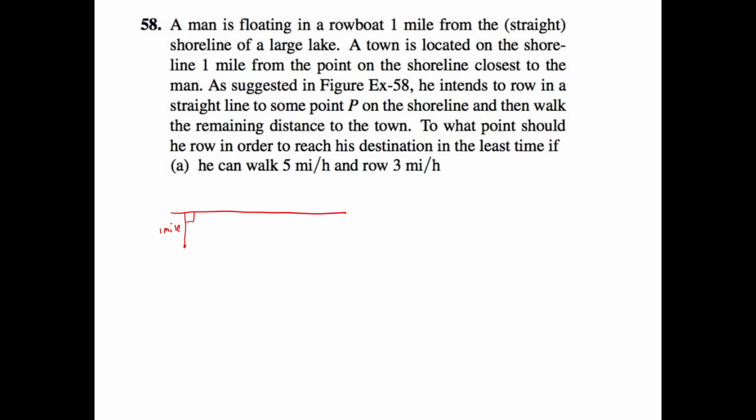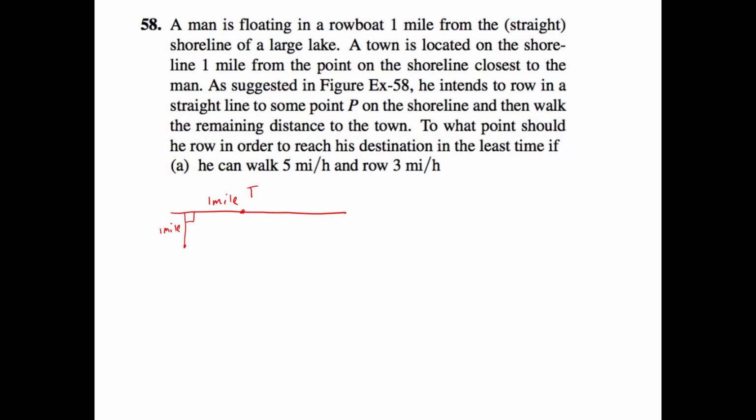And so then your town is over here, and it is also 1 mile from the point on the shoreline closest to the man. As suggested in figure exercise 58, I did not give you the figure because I expect you to be able to draw your own pictures, and so that's how we get that.